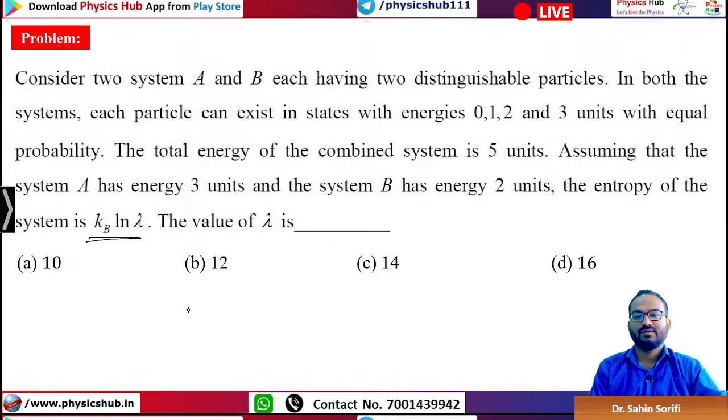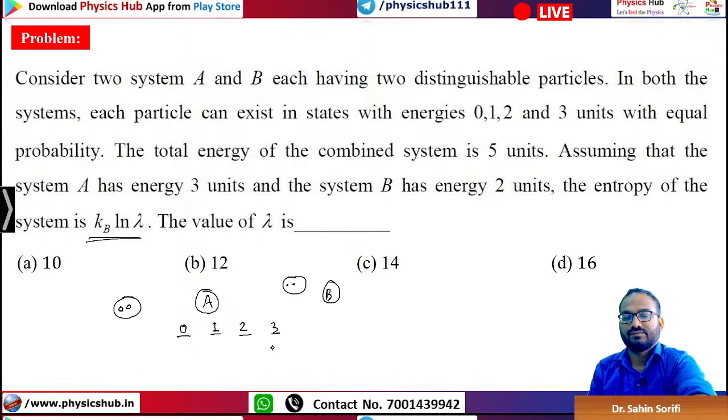You are given two systems A and B, and you have two particles in both systems, but they can exist in any of the four states. It can exist in 0, 1, 2, or 3.